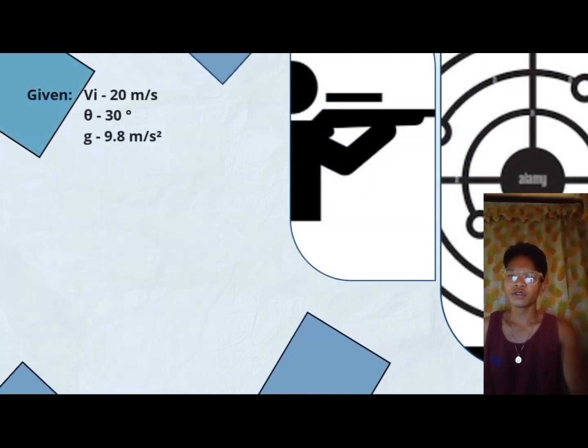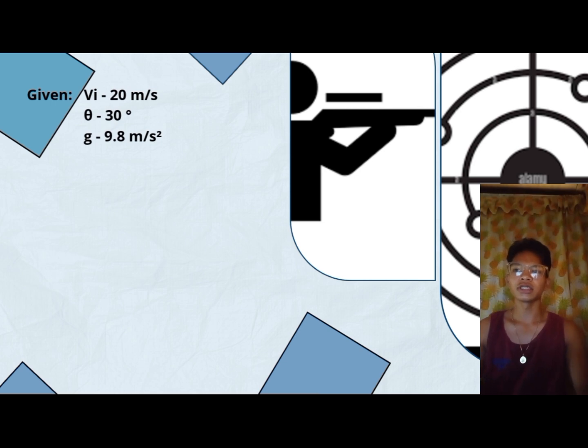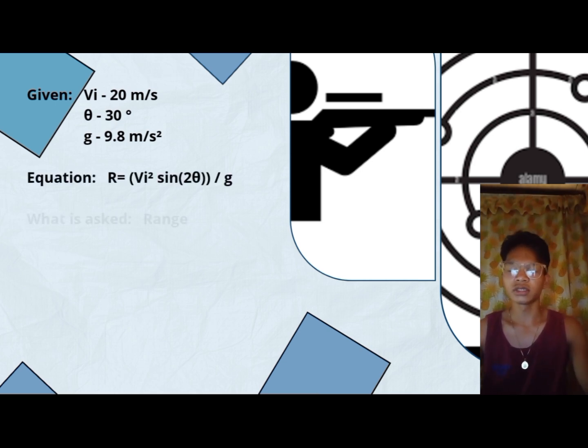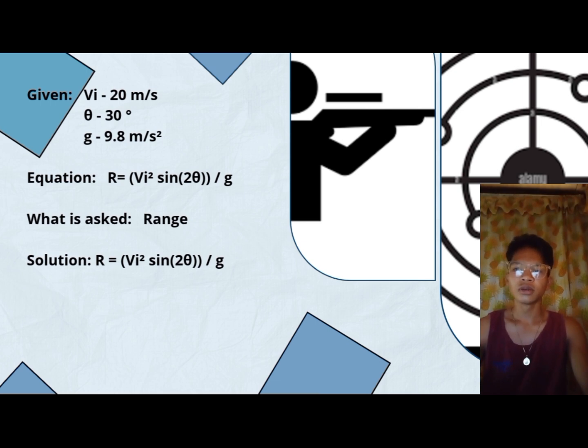Calculate the range. First, we need to write the given. Initial velocity is 20 meters per second, launch angle 30 degrees, and the acceleration due to gravity is 9.8 meters per second squared. Next step is you will write the equation, then what is asked, and then you now proceed to the solution.